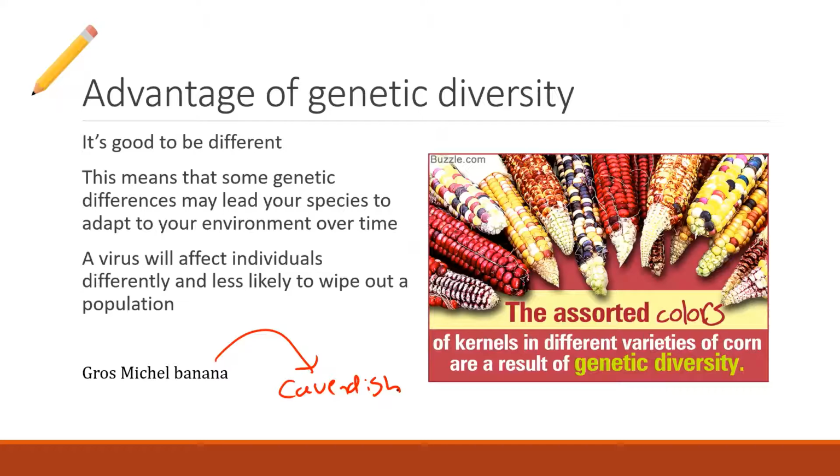Same with apples. If you think about it, Granny Smith, Pink Lady, Fuji. There are so many different types of apples, and eating a diverse range of apples is actually a really good thing to try and keep the species, the food, alive and around.